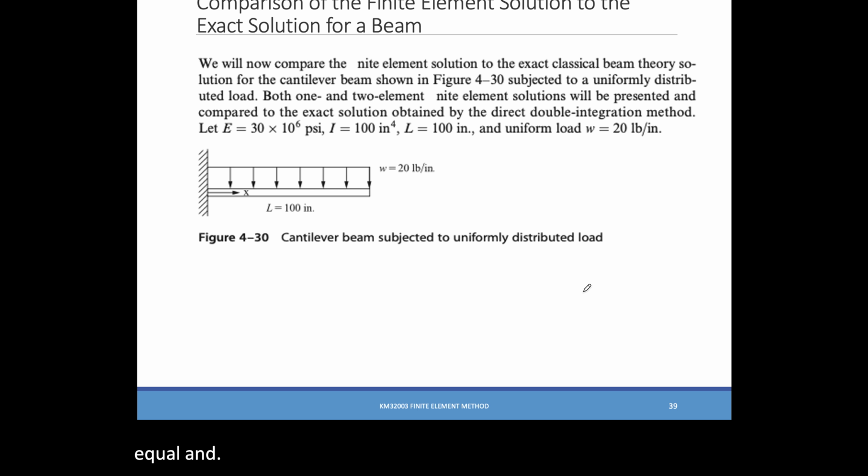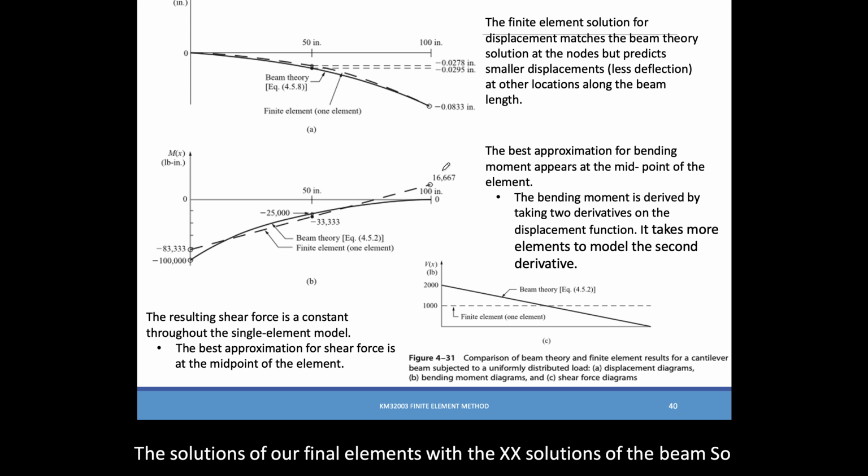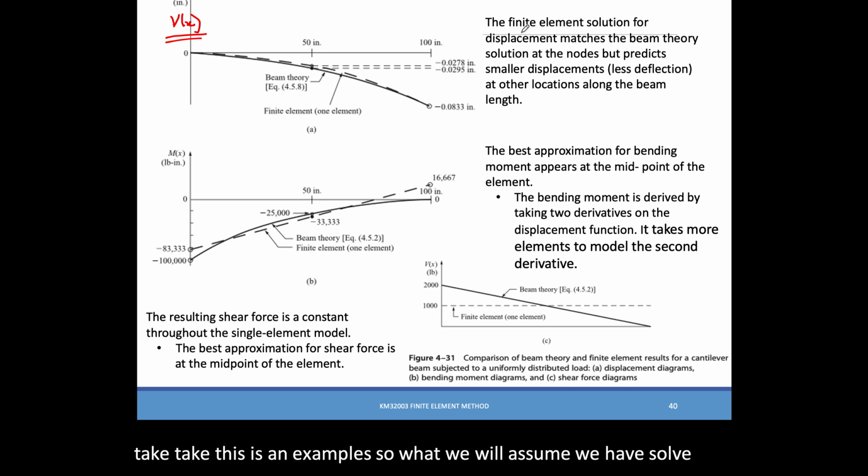All right, so finally we would want to compare the solutions of our finite elements with the exact solutions of the beam. So take this as an example. What we would assume, we have solved them out. So this diagram represents the displacement diagram, similar to the previous prismatic bar.